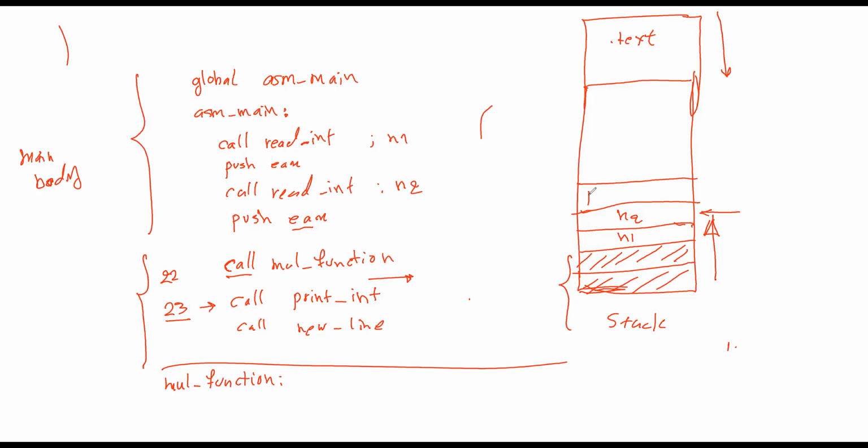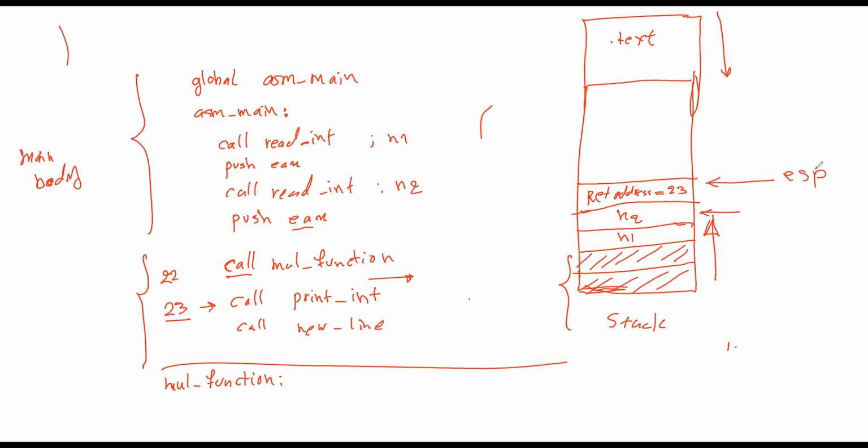Therefore, we say return address. To make it more numerical, we say line 23. Okay, it goes there, right? And then we know, okay, so right now, ESP is pointing to here.